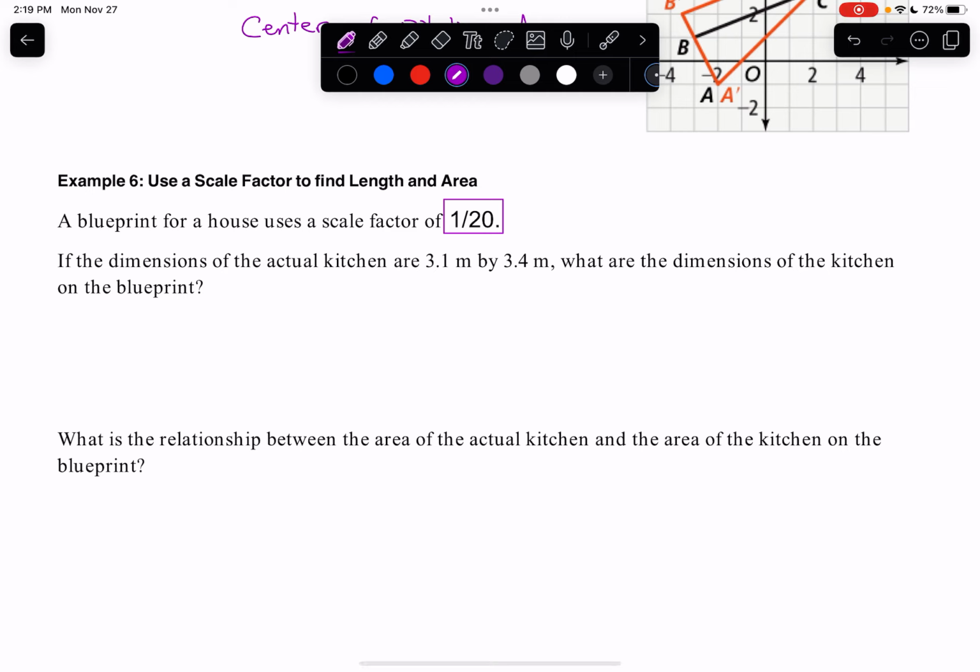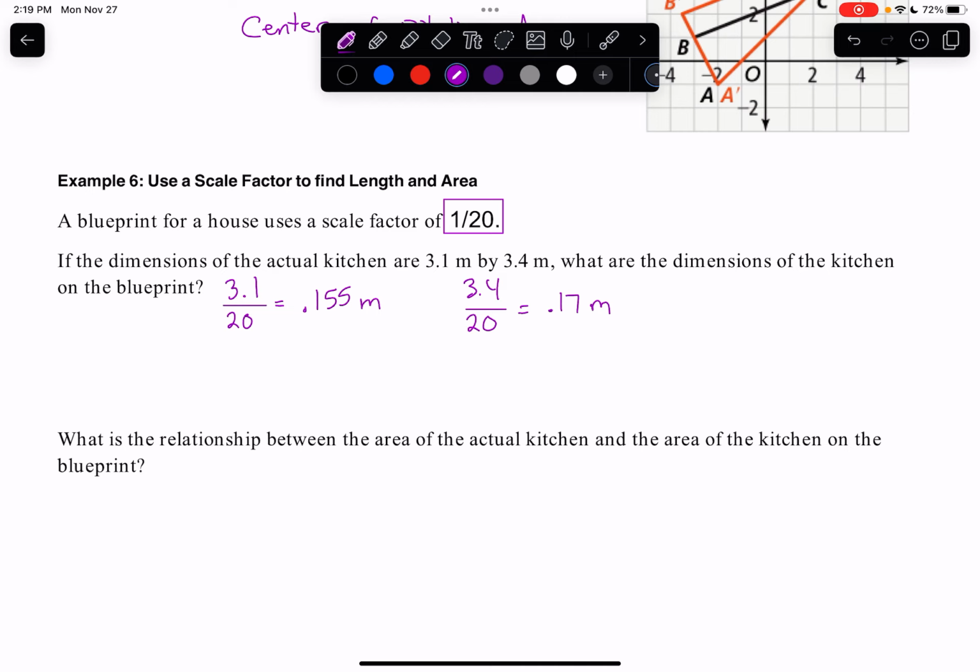So I would take 3.1 meters, divide it by 20 to get its length on the blueprint. So its length on the blueprint would be 0.155 meters. I would take the other dimension, 3.4 meters, divide it by 20 to find the other dimension of the kitchen on the blueprint, which would be 0.17 meters.